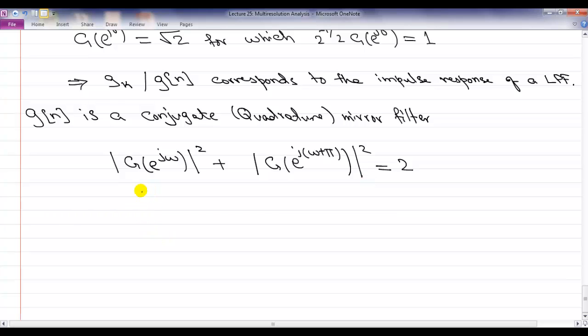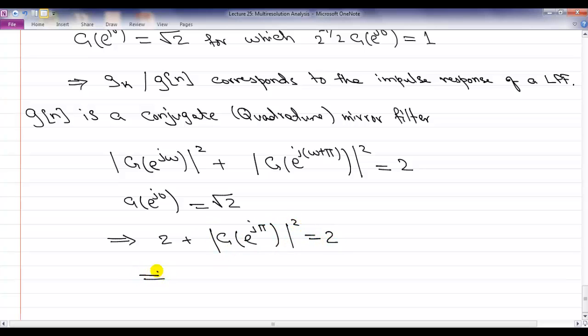Now, if you think of it, since g of e to the j0 is equal to square root of 2, then this means if I plug in little omega equal to 0, what do I get? I get 2 plus |g(e^{jπ})|² equal to 2, which means that g of e to the j pi equals 0.